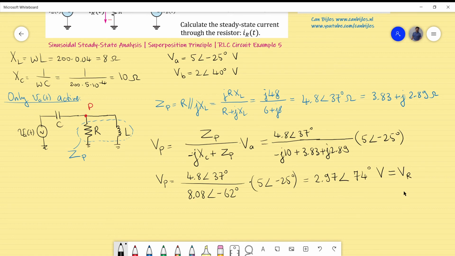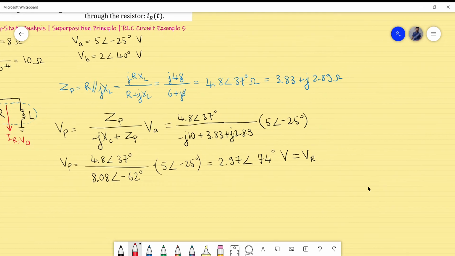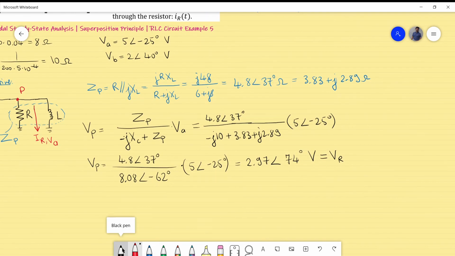So I can now continue and calculate the resistor current flowing in this direction. So actually I have now this current, we'll make it in red, flowing in this direction, of course due to only VA. So what is the current? IR will be VR divided by R itself.